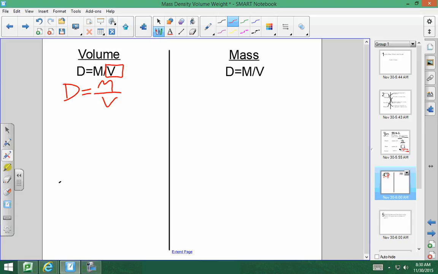So the first step is to get rid of this volume on the right side of the equation by multiplying by the volume. And what we do to one side of an equation, we must do to the other. So let's multiply by the volume over here.